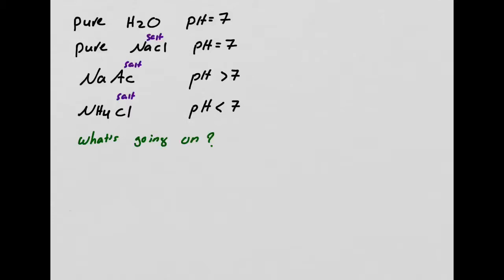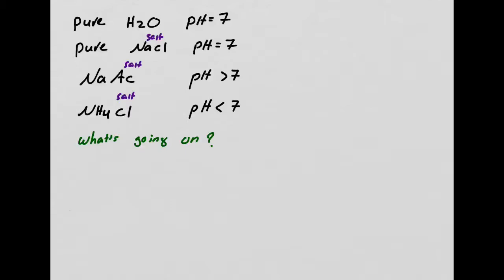I'm going to repeat the scenario one more time. If you have pure water, you know the pH is 7. We measure that, pH is 7. I'm going to add NaCl, which is a salt, to water, and I'm going to measure the pH. It's going to be 7. Then I'm going to add sodium acetate, which is a salt, to water, and the pH is going to be more than 7.